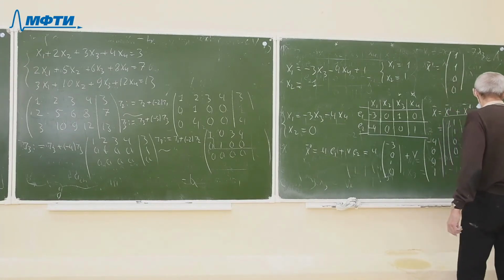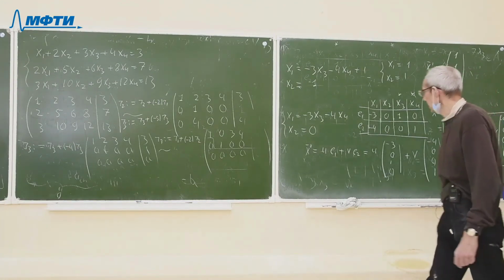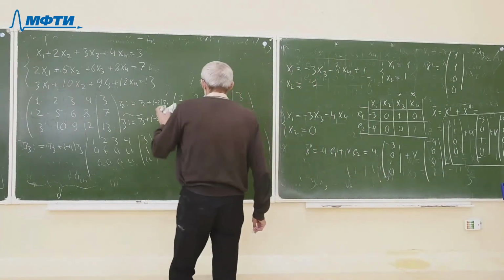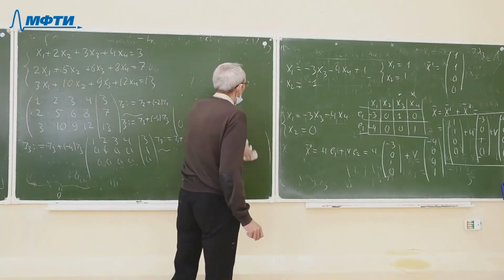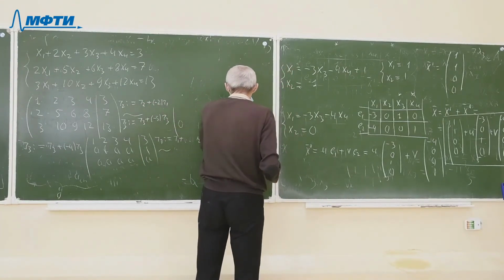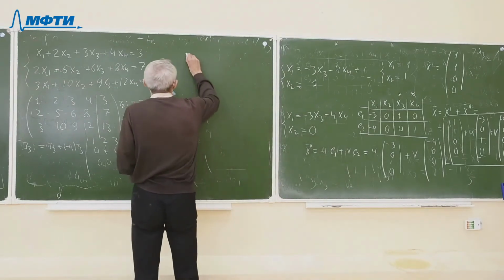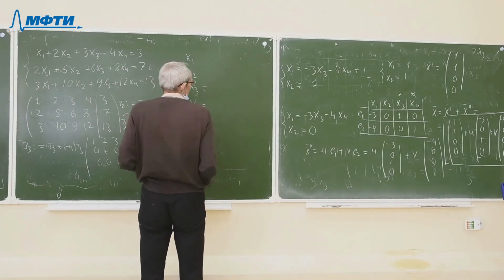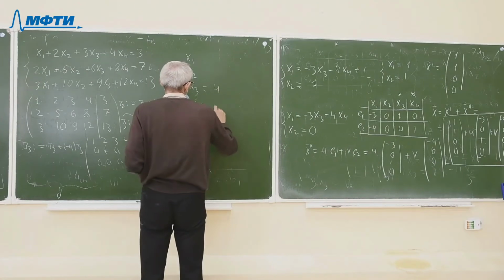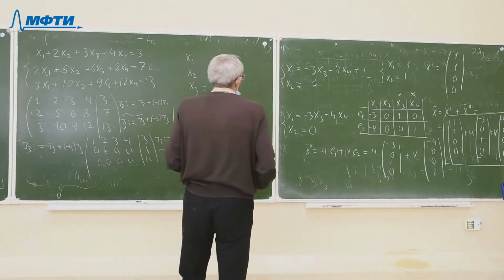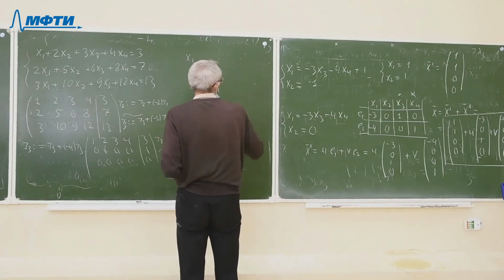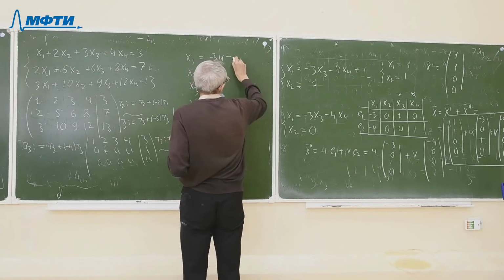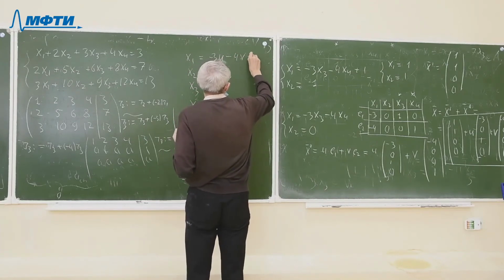This expression is equivalent to the parametric form. We can rewrite the general solution in the parametric form, namely x1, x2, x3, x4. We put x3 equal u, x4 equal v, x2 equal 1, x1 equal minus 3 times u minus 4 times v plus 1.